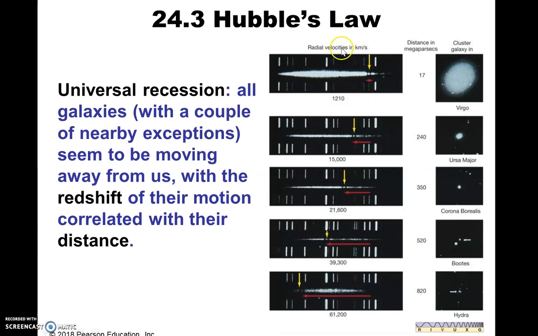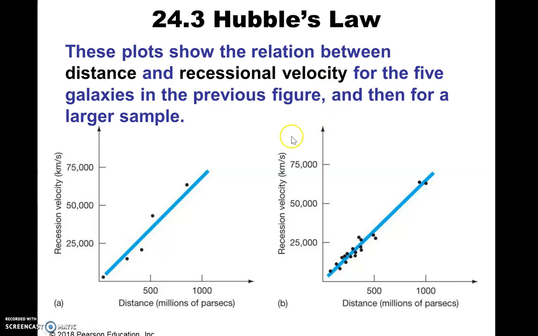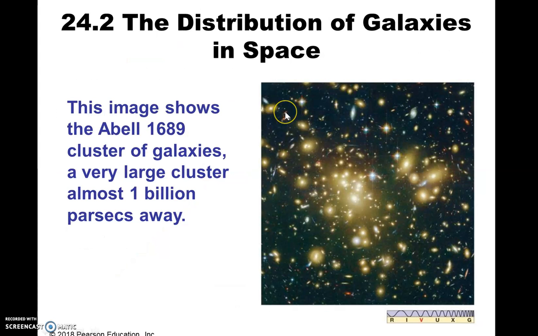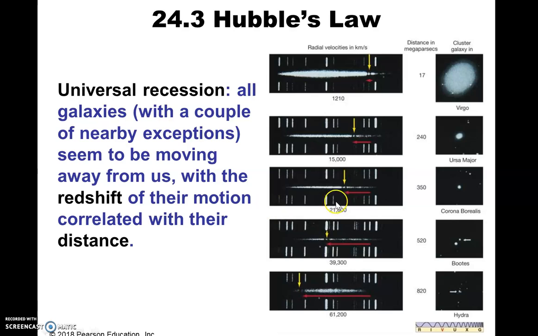Remember, what we're talking about is generally hydrogen lines. Let's see, did they show us that? No. They're showing us right here. So the absorption lines for hydrogen, we can identify those really easily, and when we do that, we can tell how much the light has shifted towards the red end of the spectrum.